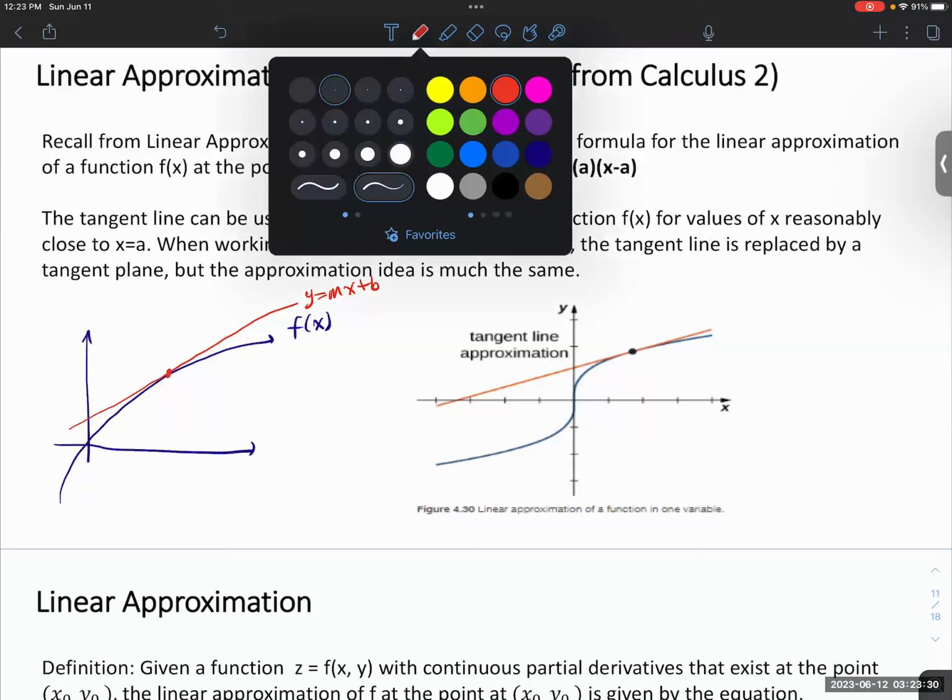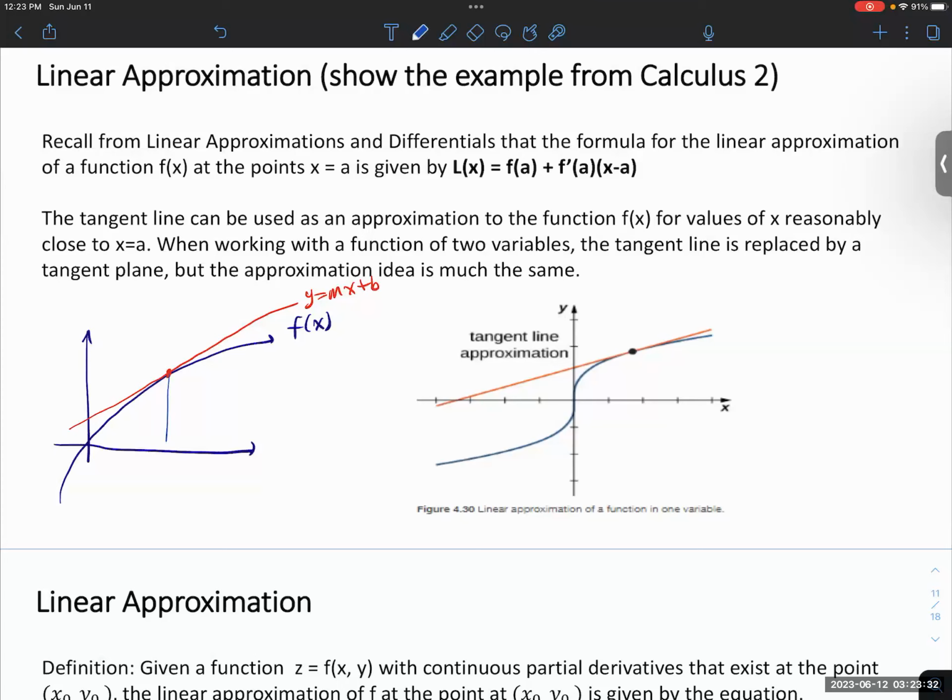With a tangent line, you have a specific point, x equals a. You have only one point that the line is touching, right? If the line touches two points, it's just a line equation. But a tangent line touches only one point. That's the definition of the tangent line, correct?